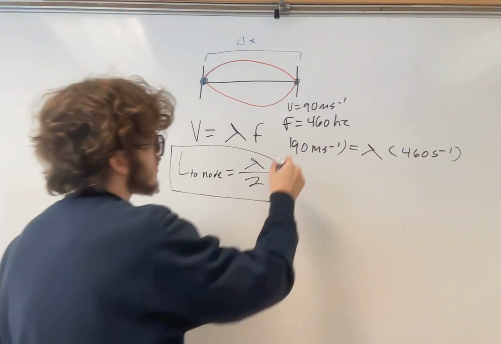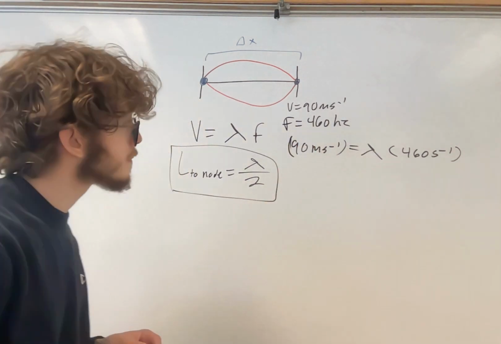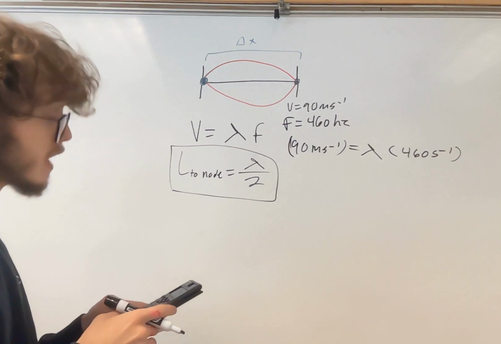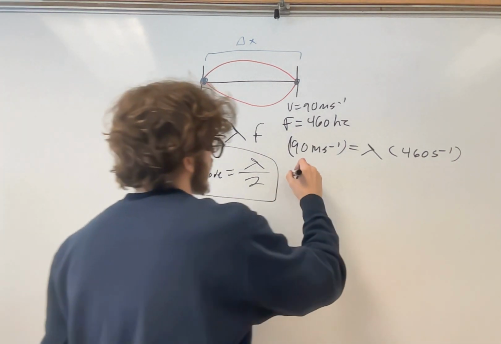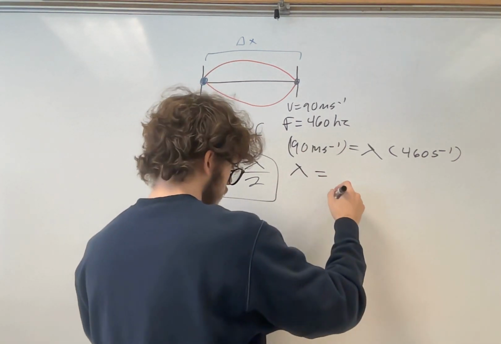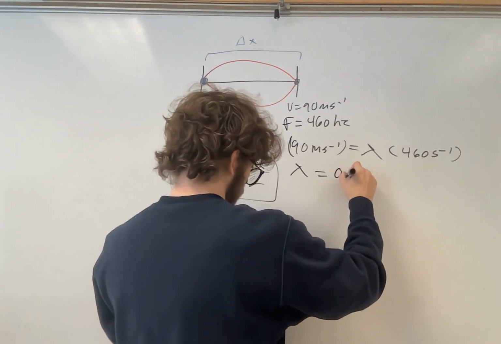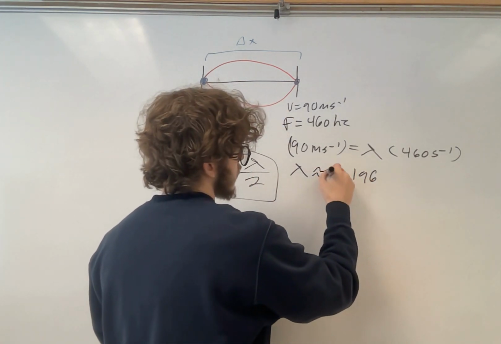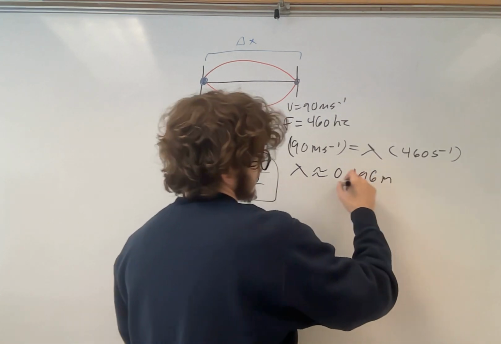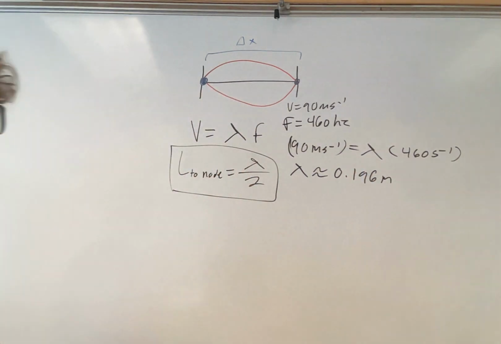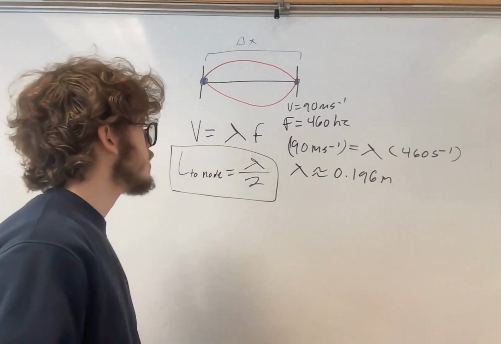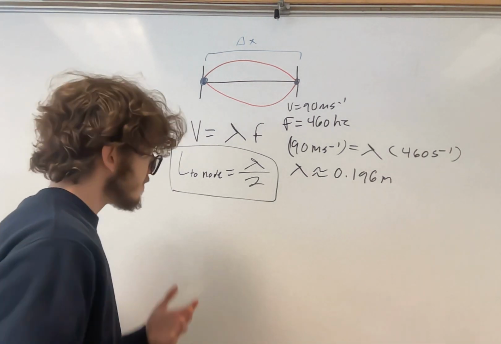We're just going to do a simple division here: 90 divided by 460, and we're going to see that the wavelength is roughly equal to 0.196 meters.